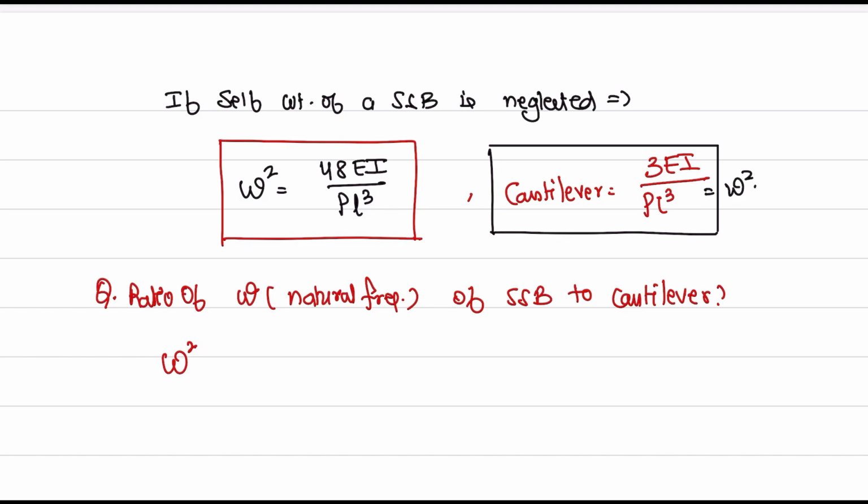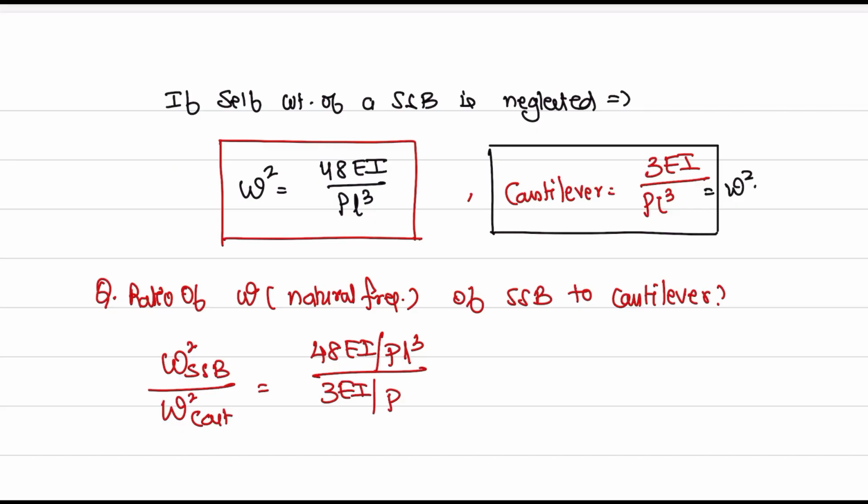Omega square of SSB divided by omega square of cantilever is equal to 48 EI by PL cube whole divided by 3 EI by PL cube.